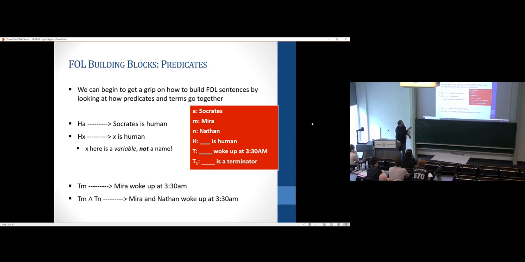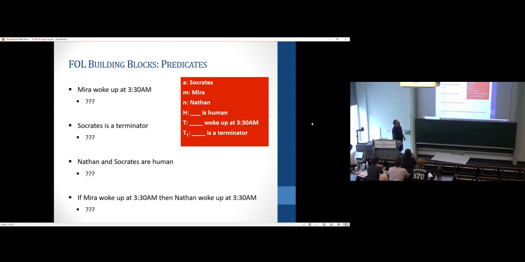More on this in a second. But I can have something like T m, Mira woke up at 3:30, and I can have T m conjunction T n, Mira and Nathan woke up at 3:30. So this is already suggesting familiar stuff about how to use the connectives.